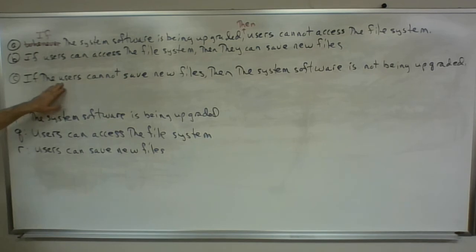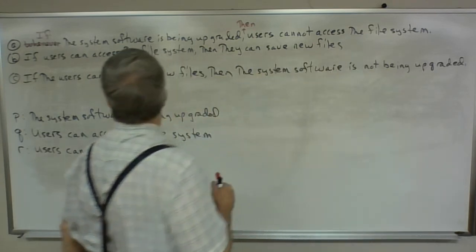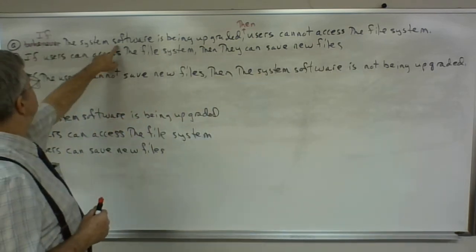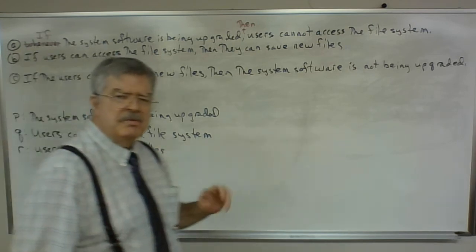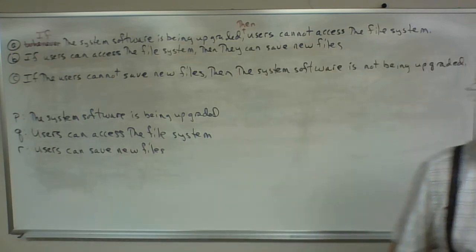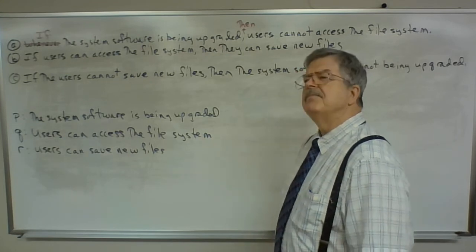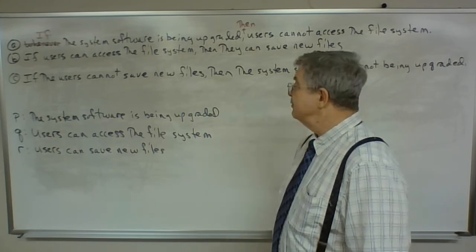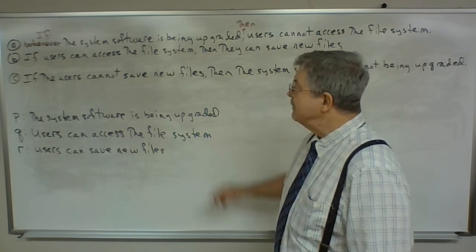Does this statement have anything new? Users cannot save new files. That's the negation of R. The system software is not being upgraded. That's not P. So there's really nothing new there as far as simple statements go. So I've identified my simple propositions as P, Q, and R.